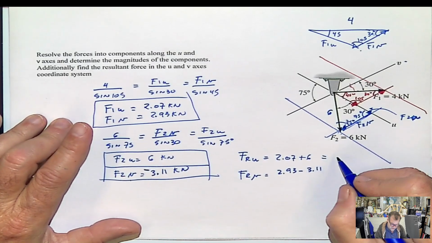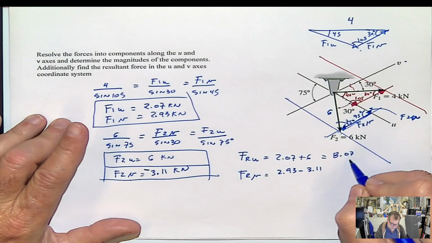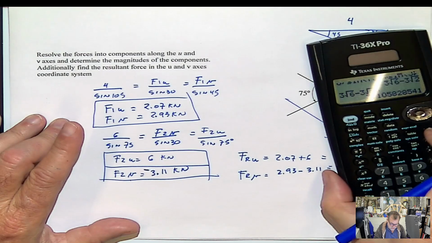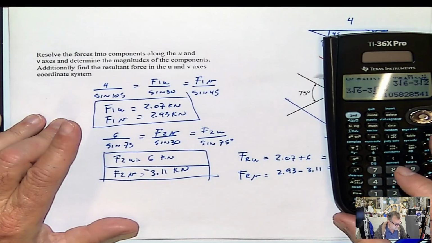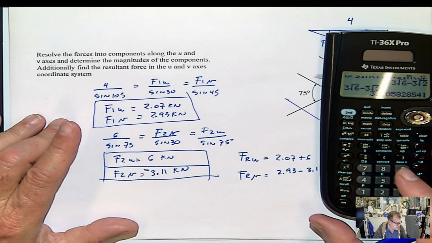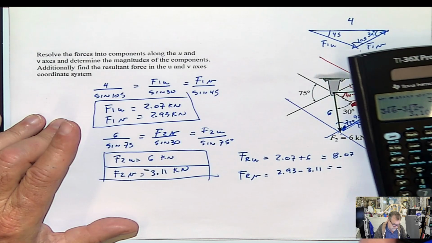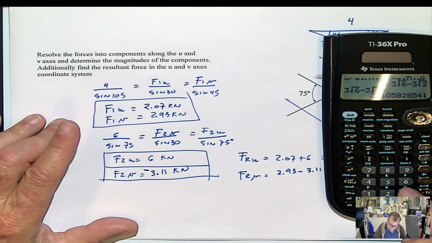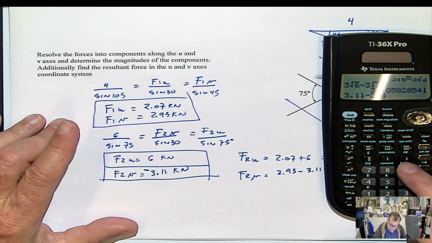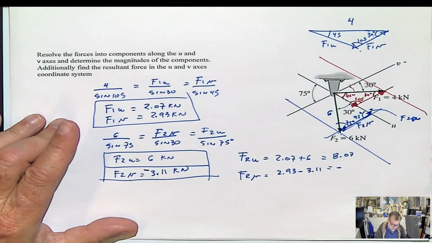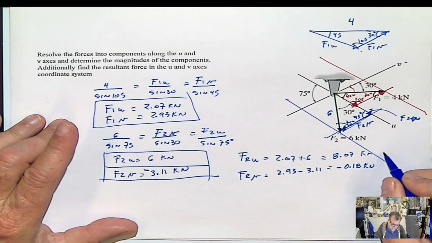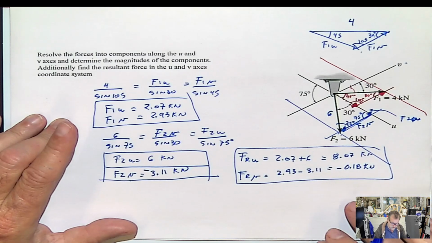So this is going to be 0.07, and this is negative, but if I'm just focusing on the projections, yes, I need that in the V-axis. So that's going to be 3.11 minus 2.93, 0.18 kilonewton. That only means that it goes in the opposite direction of what was intended there.